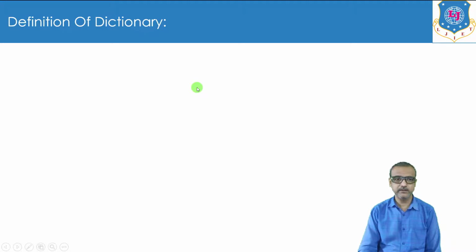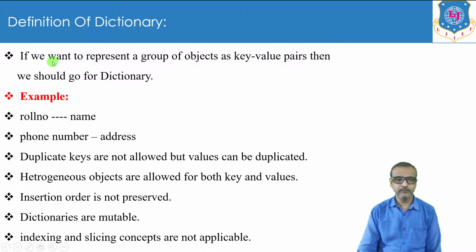So what is dictionary? If we want to represent a group of objects as key value pairs, then we should go for dictionary. Now, what is key value pair? I will just make you understand. For example, roll number dash name.